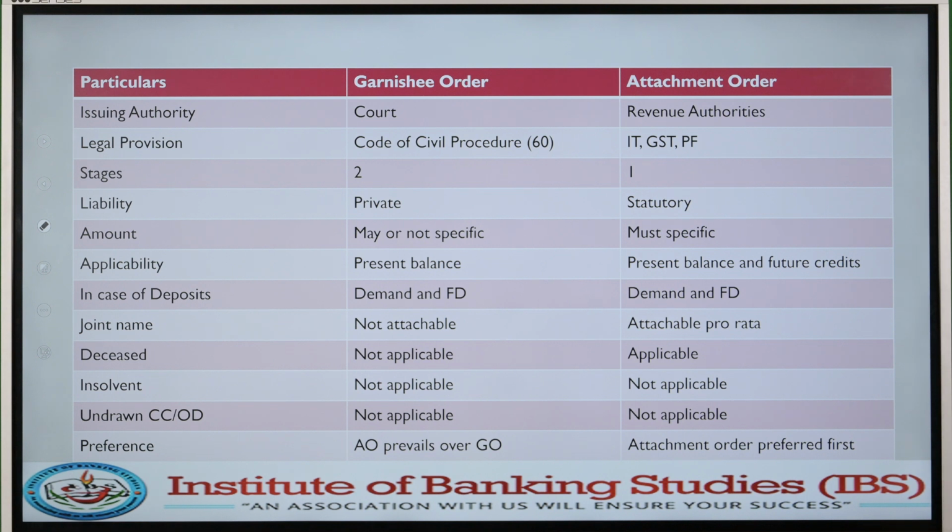In the same way, in an attachment order also it can be attached. But in the case of a joint account, a garnishee order cannot be attached to a joint account where the order has been issued against one of the parties. But an attachment order can be applied to a joint account also on a pro rata basis.